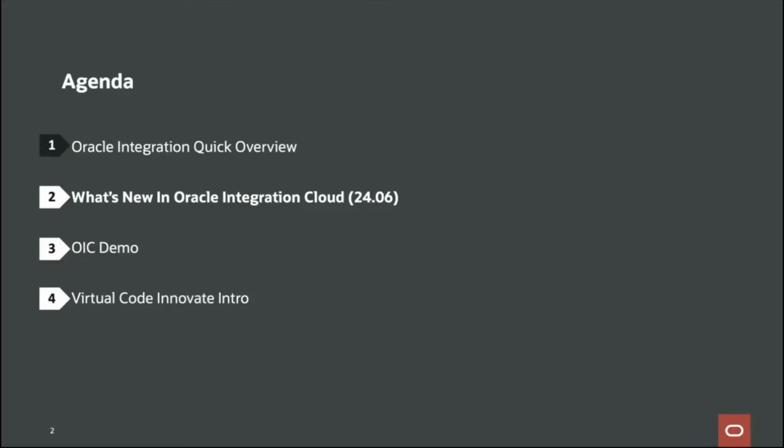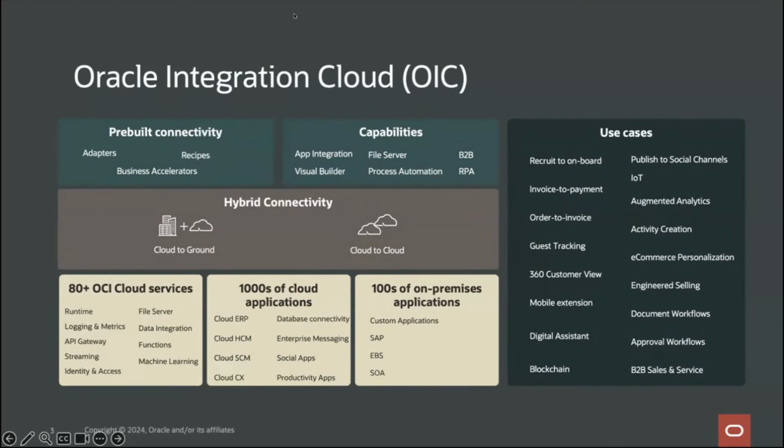I'll show some of those in action, where we'll actually look at some use cases in OIC. And then towards the end, we'll also do a little intro of Virtual Code Innovate, a program that's offered by Oracle. But without further ado, let's hop into it.